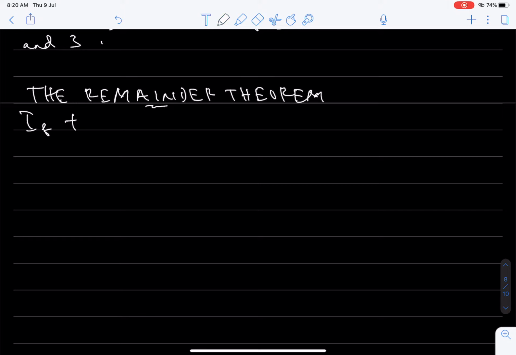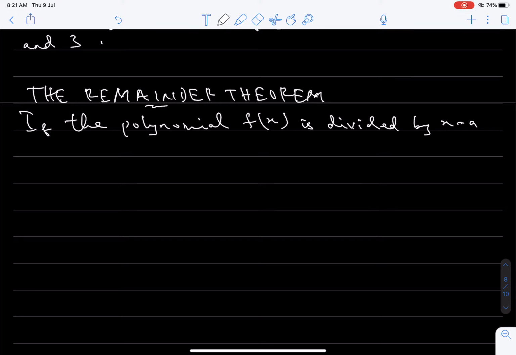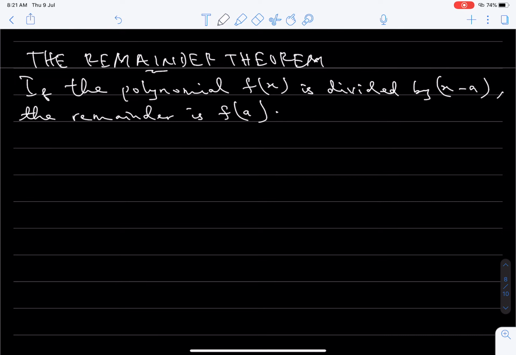If the polynomial f of x is divided by x minus a, the remainder is the same as f of a.